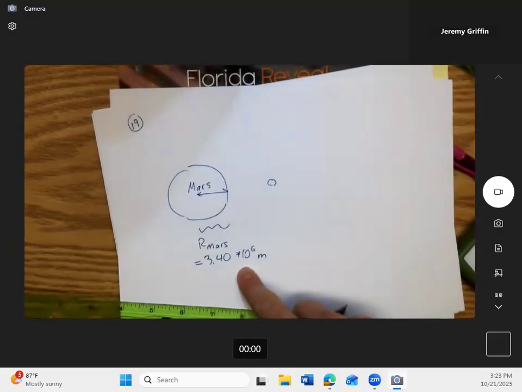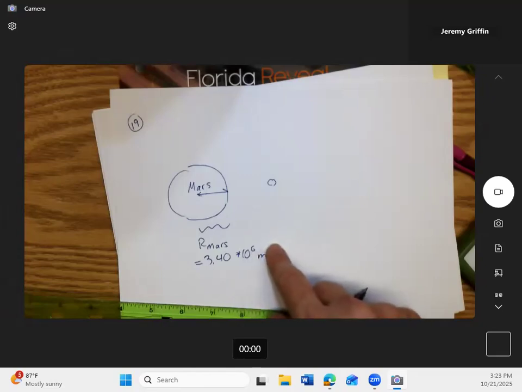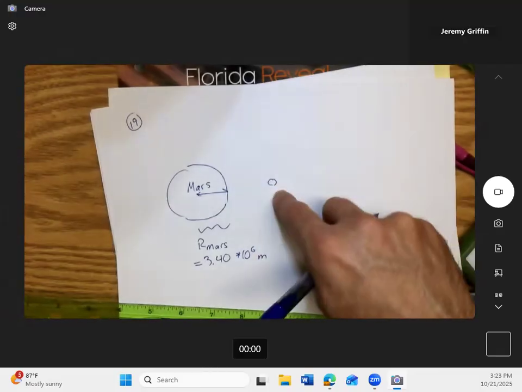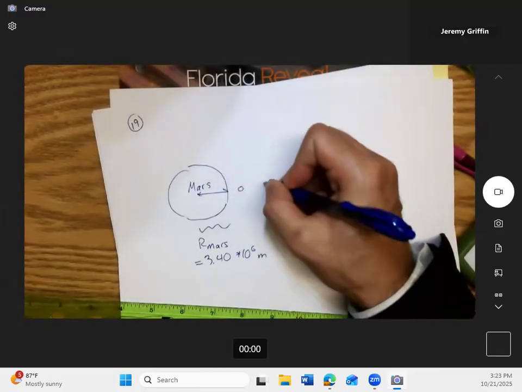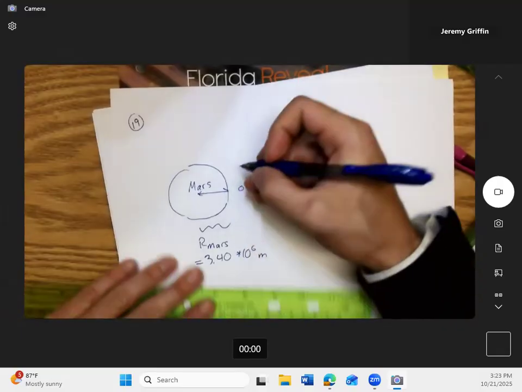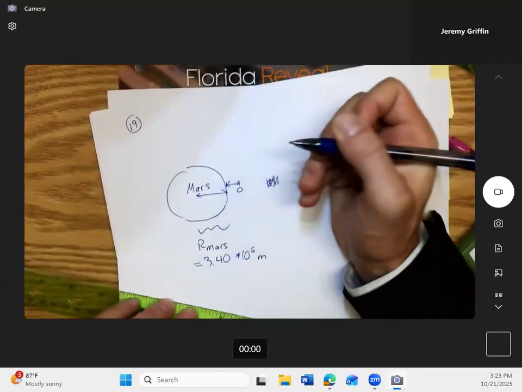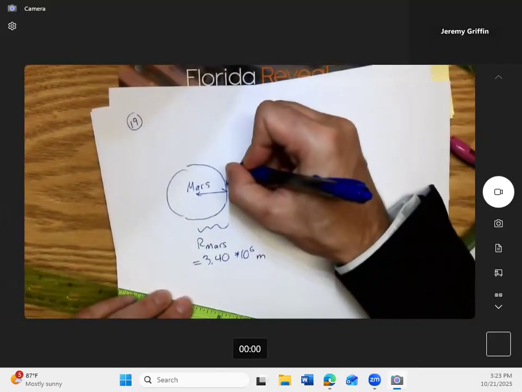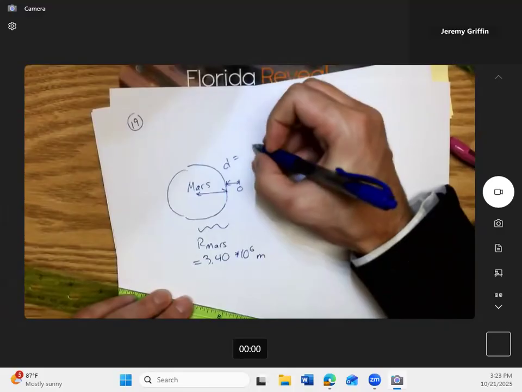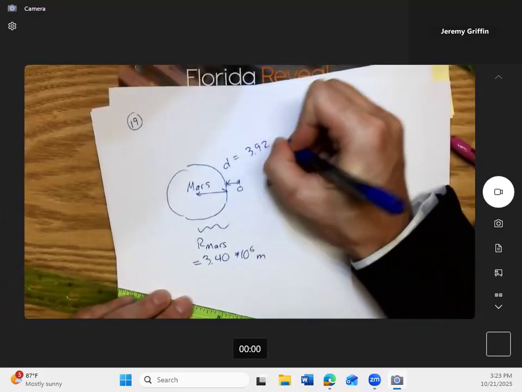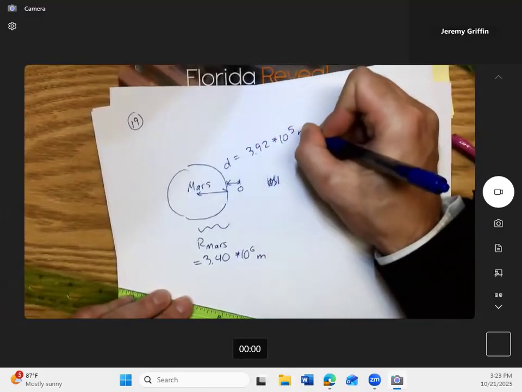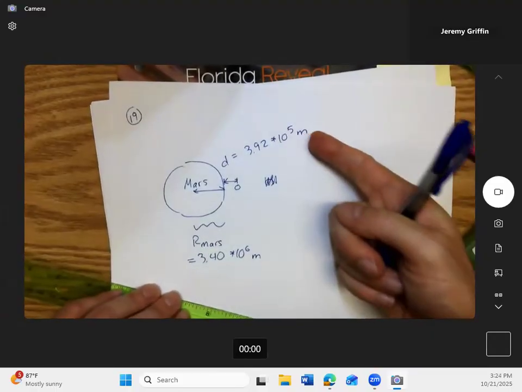And the distance to the moon, actually, if I drew this to scale, its moon is actually like really close. I'm going to get rid of that. Guys, the distance from the moon to the surface, it says like 10 to the 5. So I'll call this D for distance. That's 3.92 times 10 to the 5 meters. Guys, what's 10 to the 5 compared to 10 to the 6?